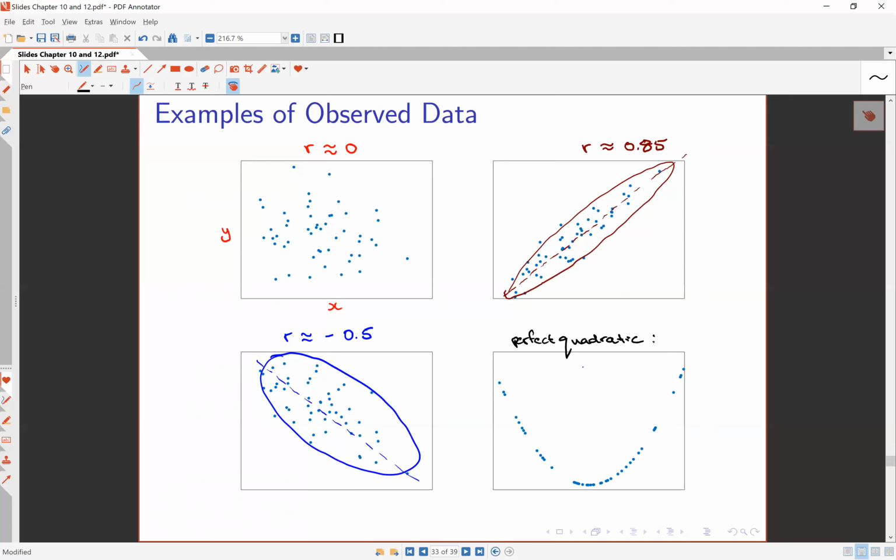But on this figure, if you were to go and calculate the correlation, you would still get something really close to zero, because correlation is a linear measure. It measures how strong the linear component of the relationship is. So it can assess if something can be well approximated by a straight line.